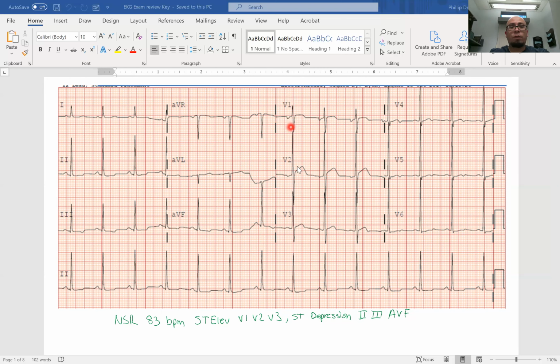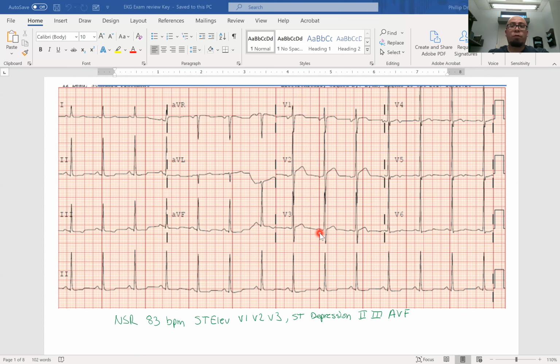In V1, V2, V3, V4, those are all considered our anterior views. So it makes sense that if we have ST elevation in V1 through V3, we're having a heart attack right on the front of the heart. So the culprit artery would be the left anterior descending artery. That means there's a blockage, meaning blood is not able to travel past that artery to the lower portions of the heart.